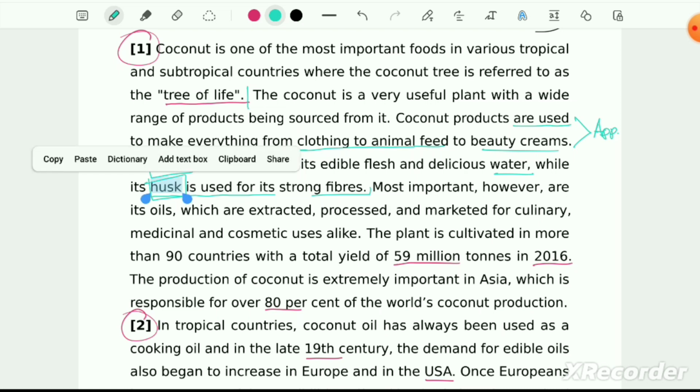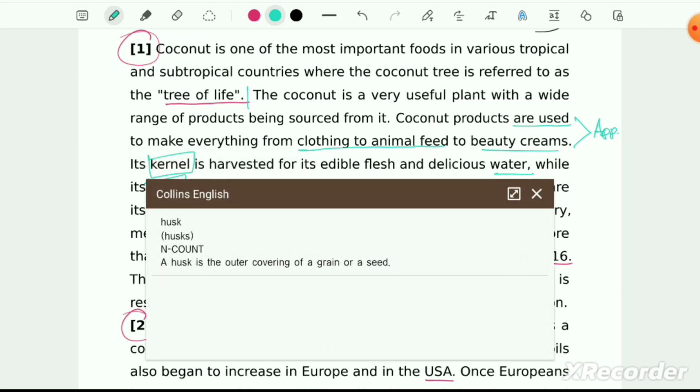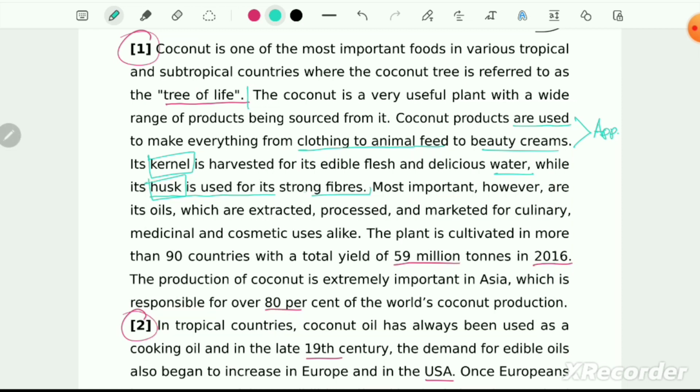And what is husk? Husk is the outer covering of a grain or a seed. That means the outer covering of the coconut fruit is used for strong fibers. We know that the outward skin of the coconut fruit has fiber-like materials that could be used for other purposes.